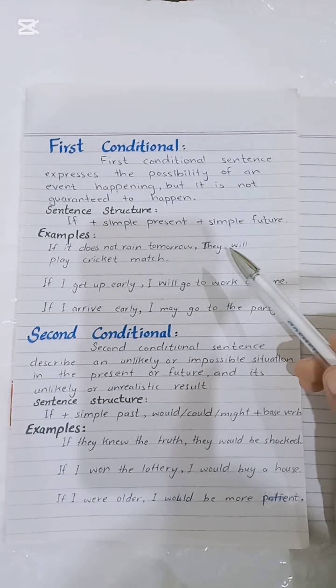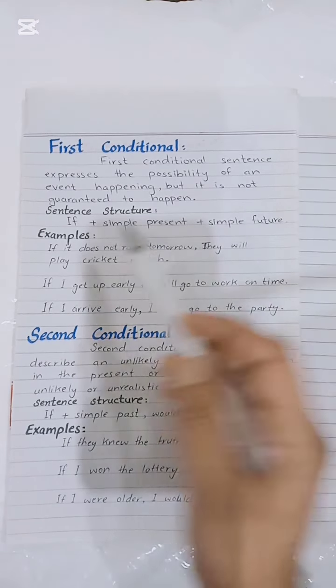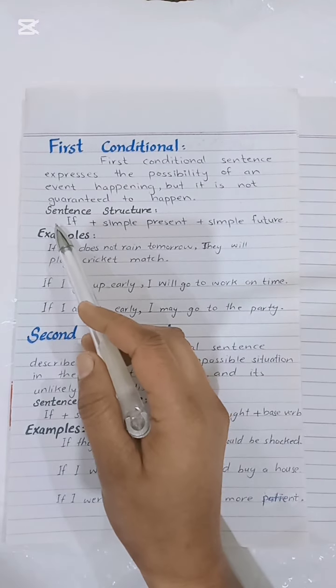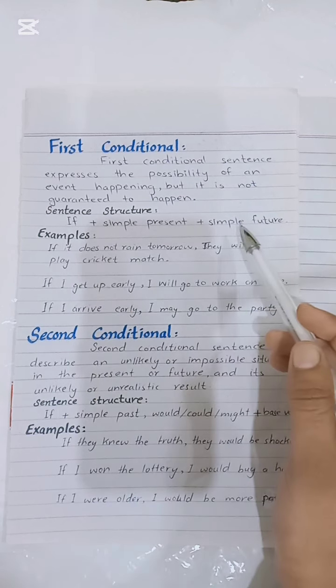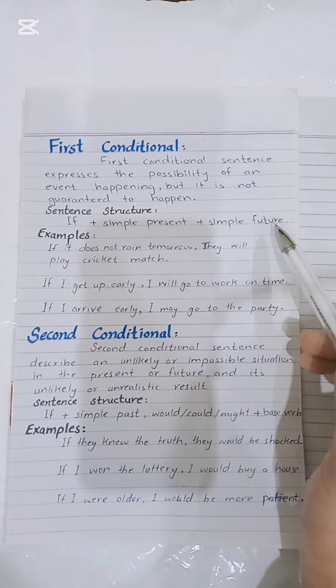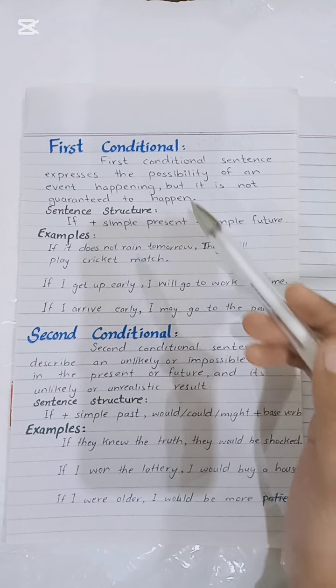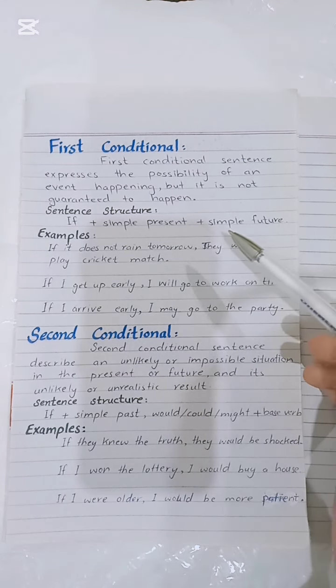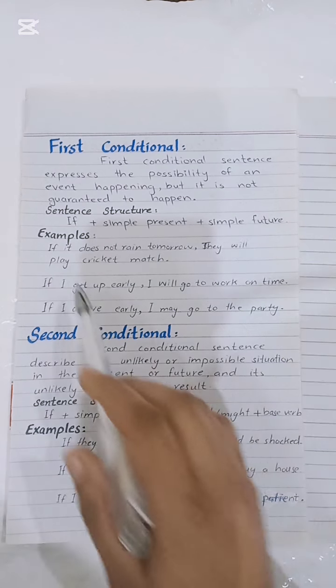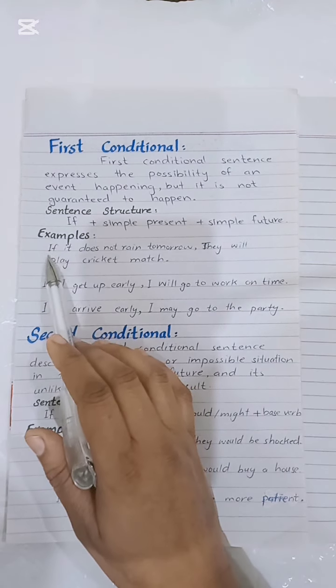They show the possibility of an action. Their sentence structure consists of if, simple present, and simple future. We can also use may, might here to show an uncertain situation or possibility of an action. Here are its examples. Let's see.